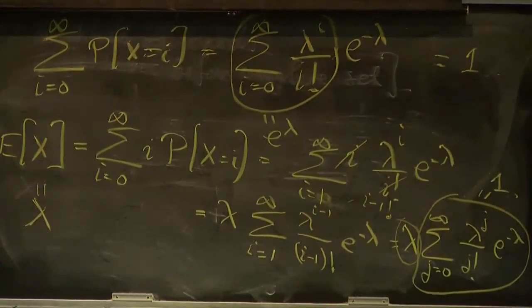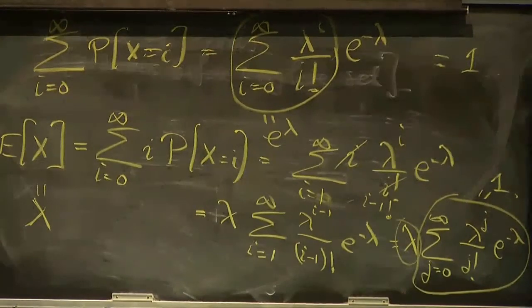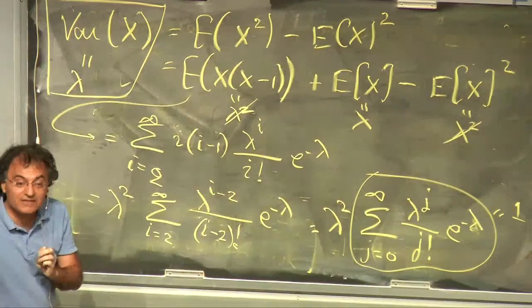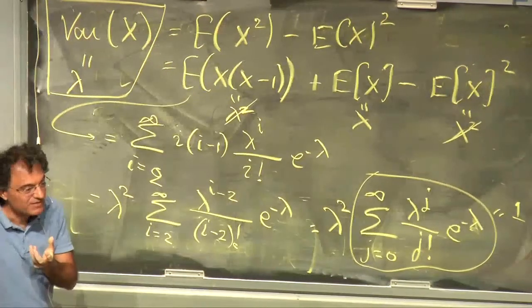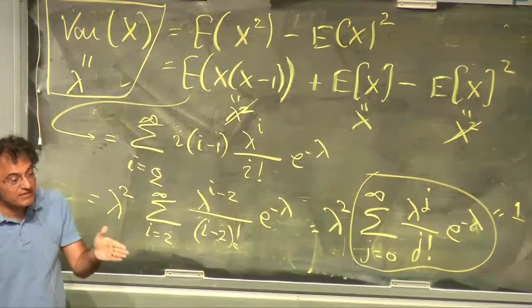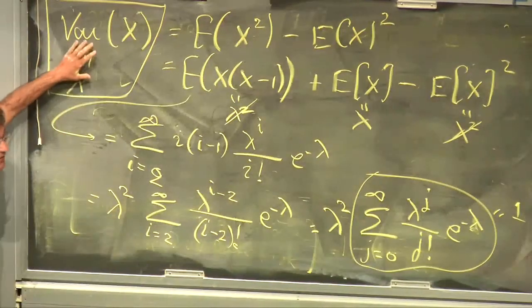Which might lead you to believe that it has something to do with the binomial distribution. That's how the binomial distribution behaves, right? The mean and the variance are very closely related. n times p versus n times p times 1 minus p. Right? And in fact, it's for the same reason.